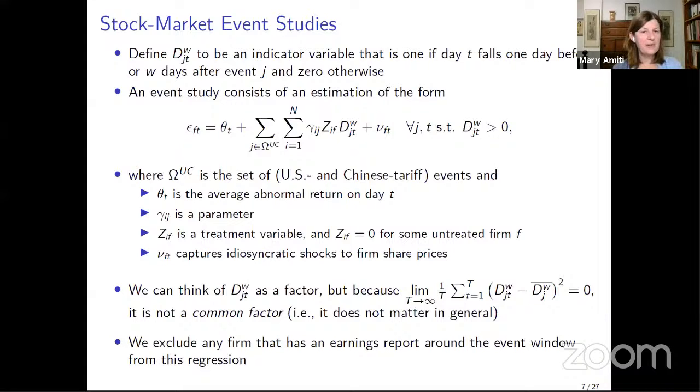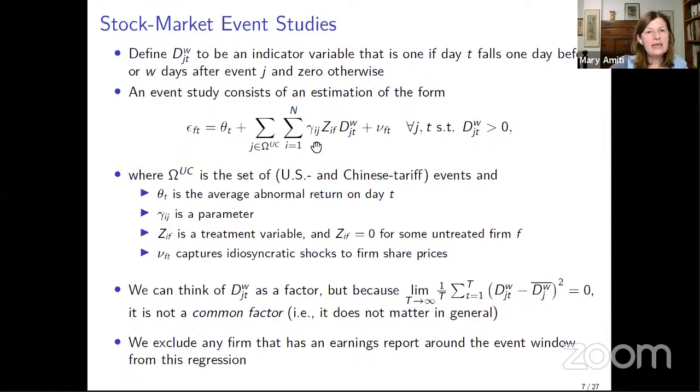So Z is going to be 1 if we think this firm is treated, and we'll have a number of different treatment variables, as I'll explain in detail. It'll equal 1 if you're an importer from China, so we'll have an importer dummy, an exporter dummy, and a couple of others that I'll mention.